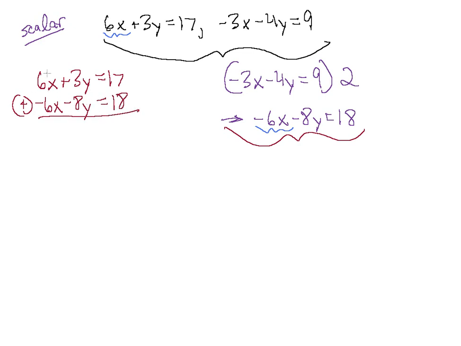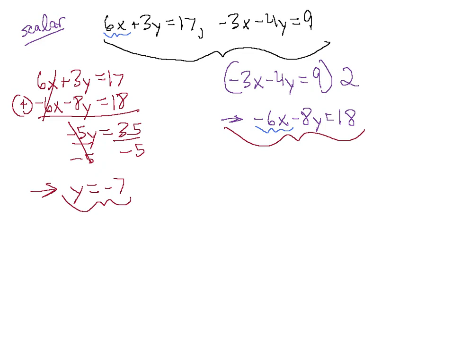We can add these together. 6x and minus 6x will cancel, which gives us minus 8 plus 3, which is minus 5y, equals 17 plus 18, which is 35. Let's isolate our variable y by dividing both sides by negative 5. So we have y equals 35 divided by negative 5, which is minus 7. So now we have a value for our variable y.